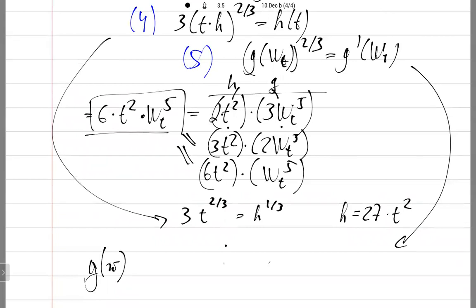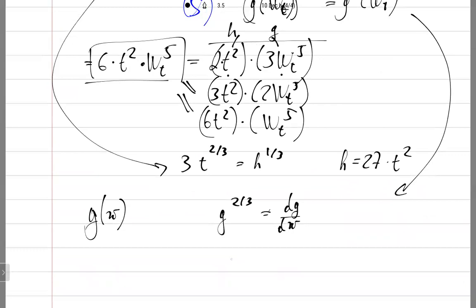So we have g to the power 2 over 3 equals dg over dw, or we have dg divided by g multiplied by g to the power minus 2 over 3 is just dw.